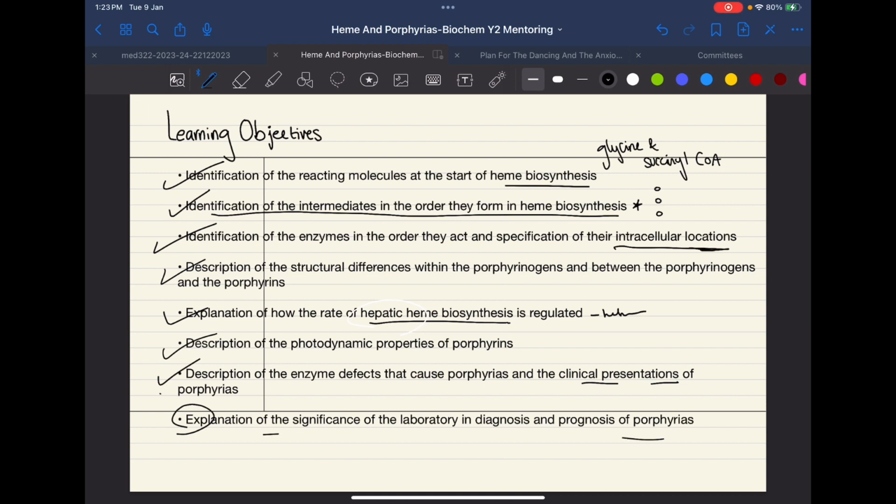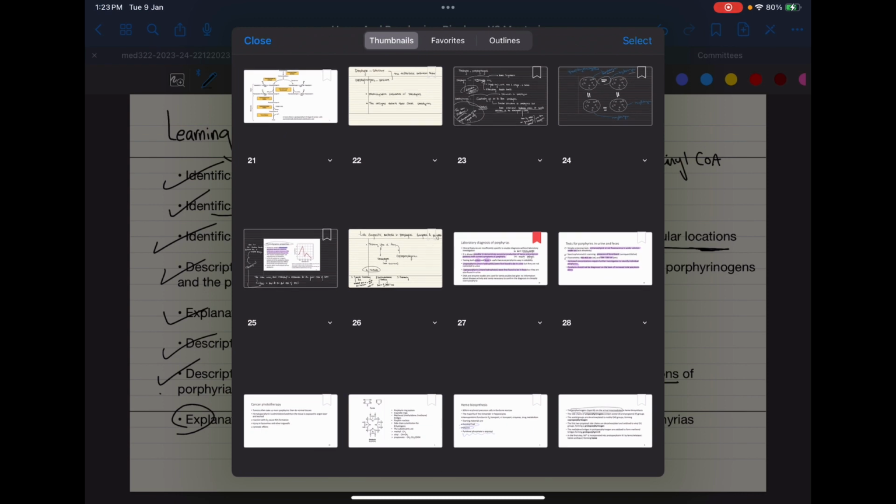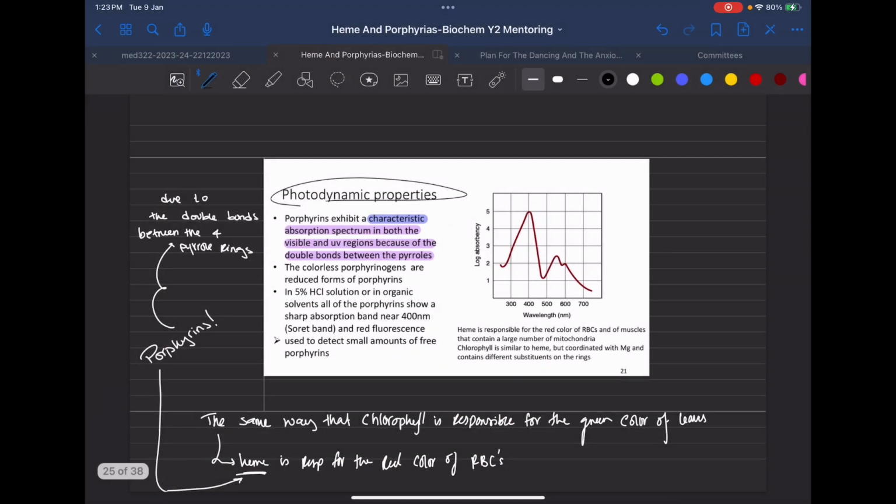Okay, we're left with our last point that we need to cover. Explain the significance of the laboratory in diagnosis and prognosis of porphyrias. Before moving on, I actually want to go over this page really quickly. It just summarizes what I just explained.